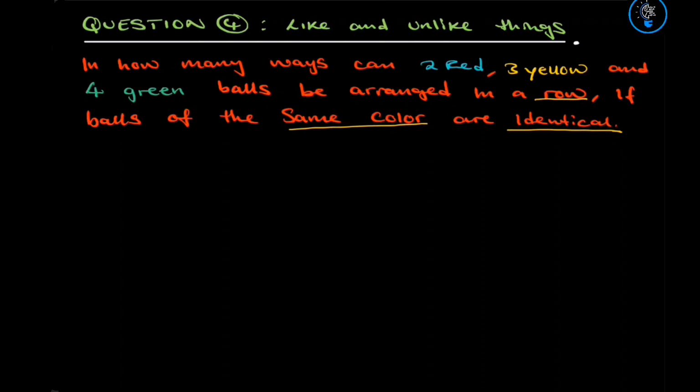Now I want us to focus on this last part, which is identical. If you encounter a question of this kind and you are told that you have a particular number of items that are grouped, when you look at it, you can see that it's grouped. We have a group of 2 red balls, then another group of 3 yellow balls, then a group of 4 green ones. So this question has groups and they are identical. So items in each group are identical, and we need to take that into consideration.